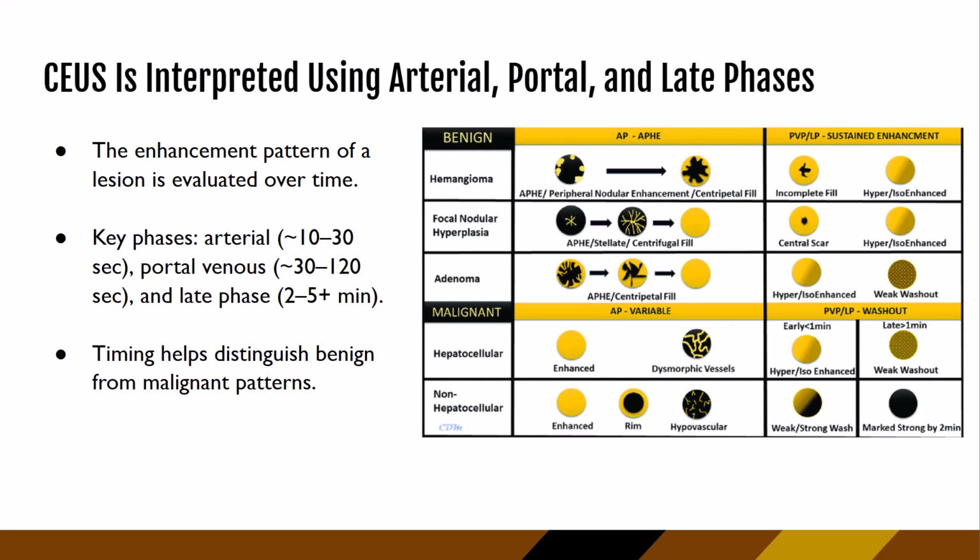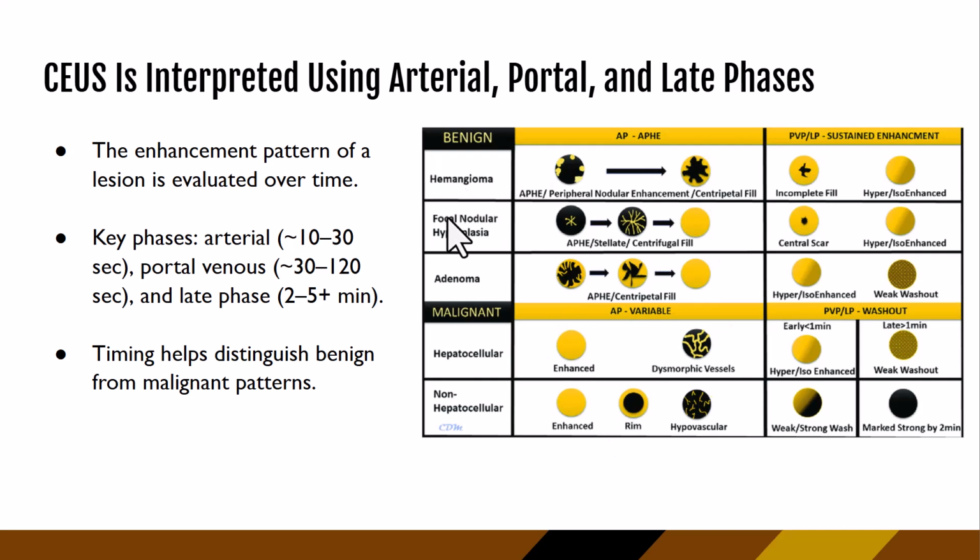For example, tumors with abnormal vasculature may show early uptake and then rapidly wash out, while benign lesions tend to enhance gradually and then stay enhanced throughout the late phase. So here's a nice little graphic that shows some of the different patterns that we see, especially in liver lesions with contrast-enhanced ultrasound.